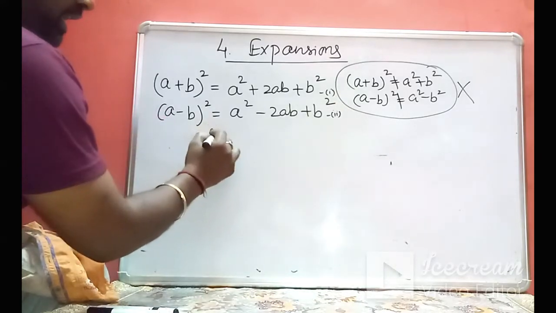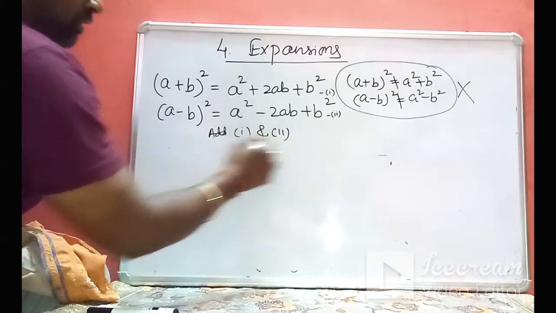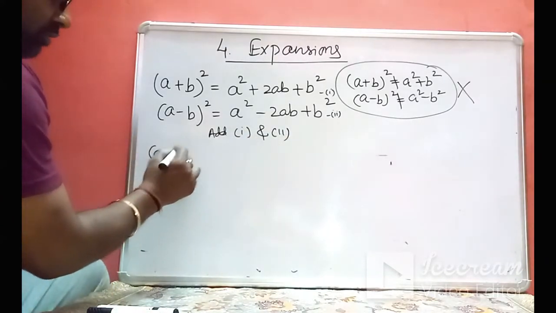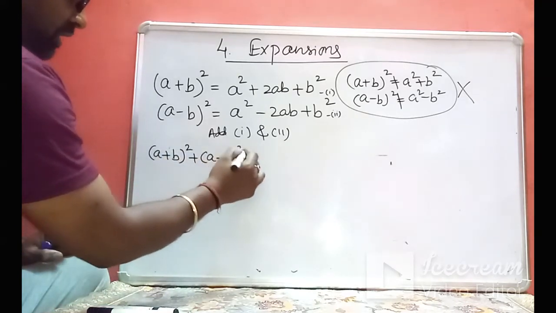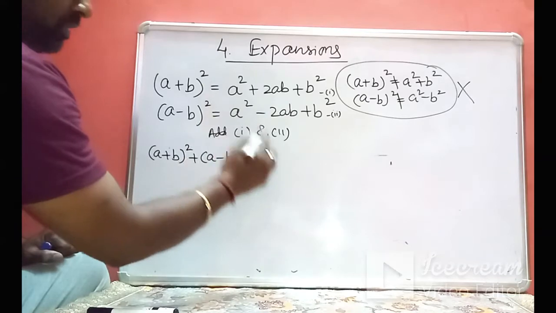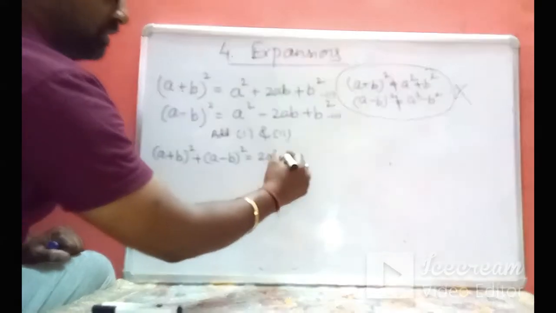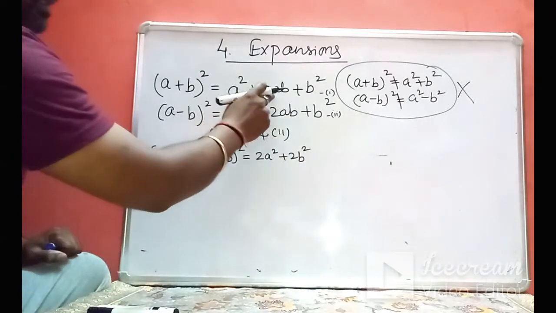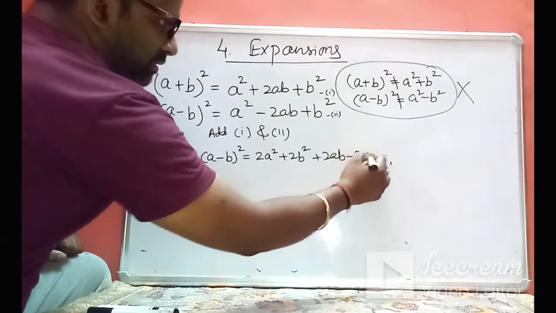So if I add 1 and 2, what I will get is (a + b) whole square plus (a - b) whole square, and a square plus a square is 2a square, b square plus b square is plus 2b square, and we have plus 2ab and minus 2ab.